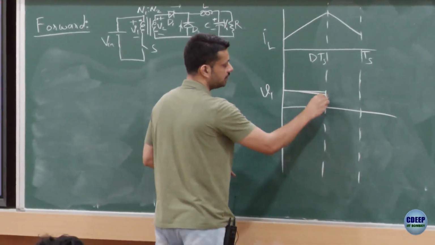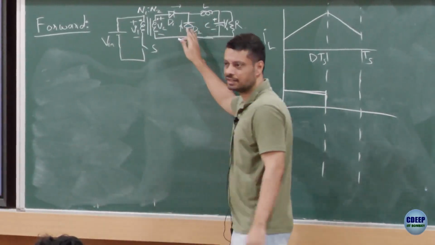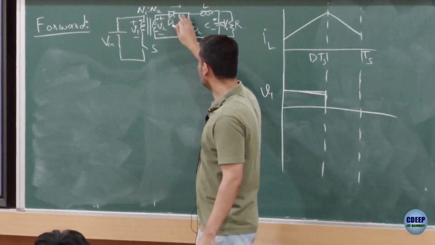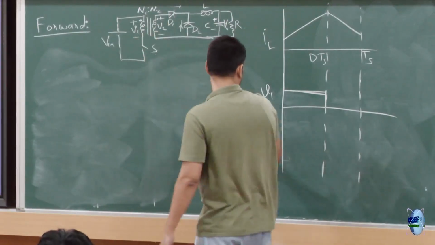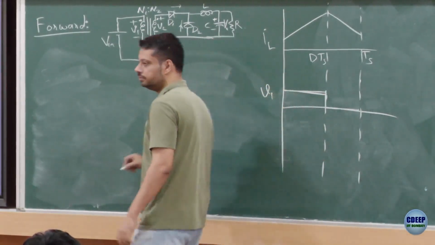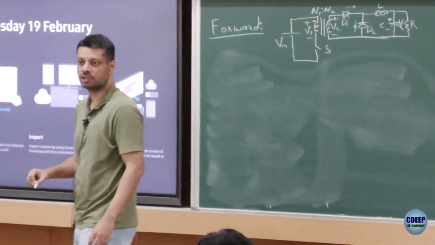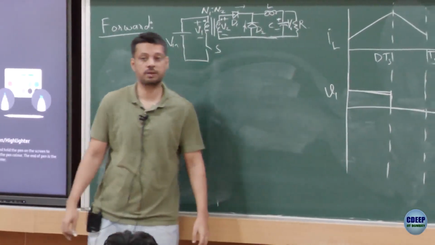When the switch is off it is almost 0, because D2 is conducting and D1 is not conducting, so there is no current here, and V1 would be almost 0. So this is how the V1 voltage would look like. Is that fine? This is how the voltage across the transformer would look like.